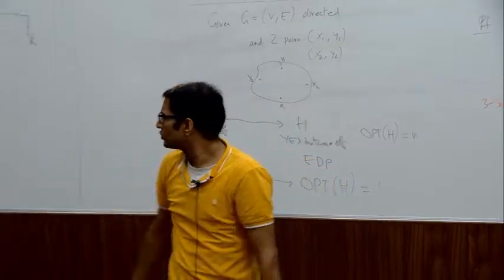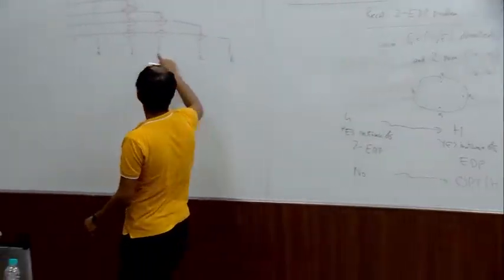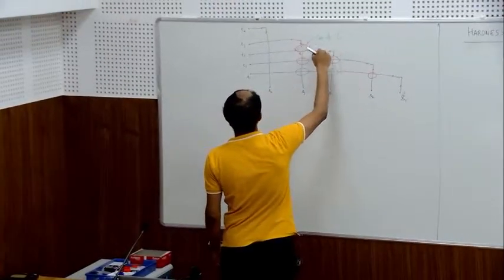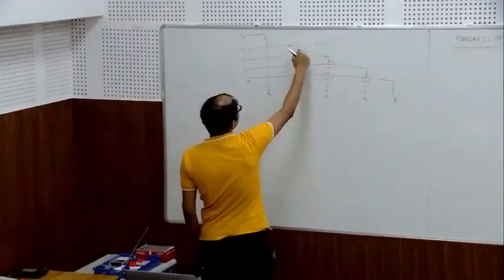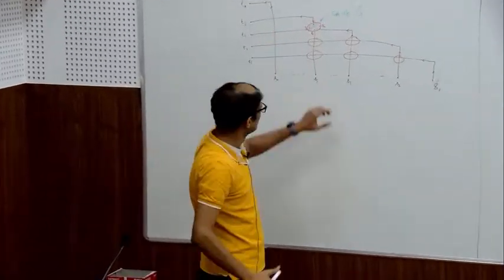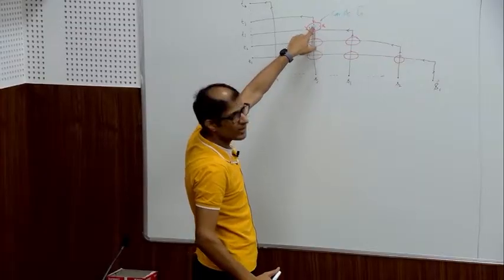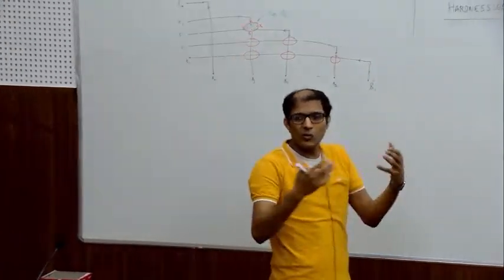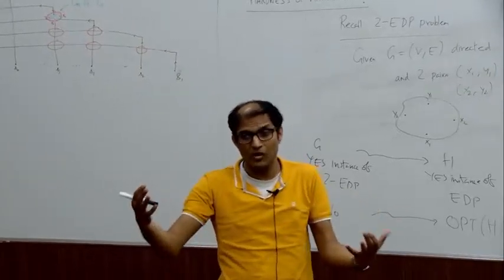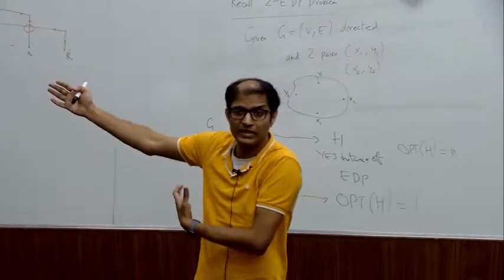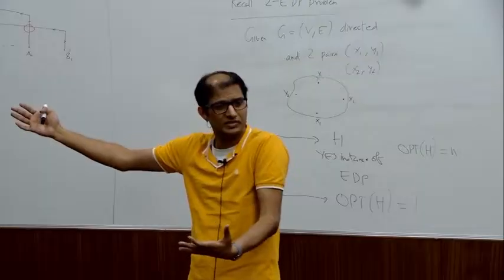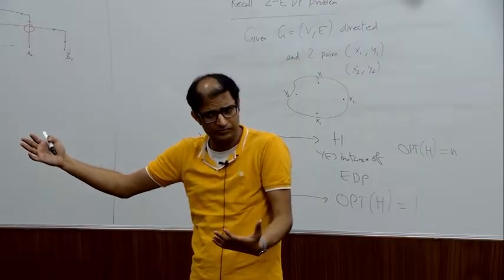Okay? So if I could in fact route Si to Ti and Sj to Tj, I have to be careful in this part, right? I have to avoid intersections. Somehow my instance of 2EDP better be a yes instance, but I know it's a no instance. So such a routing was not possible.